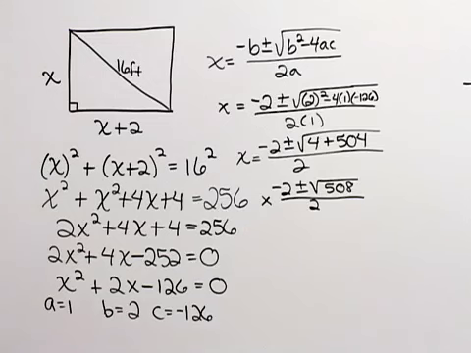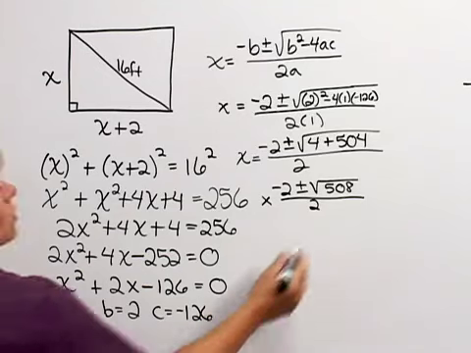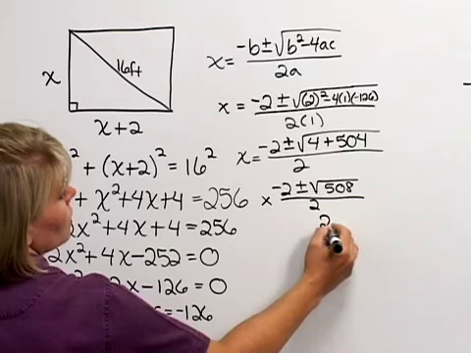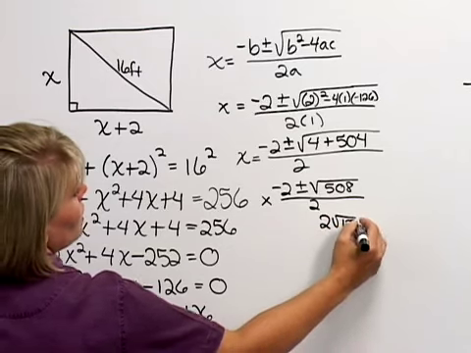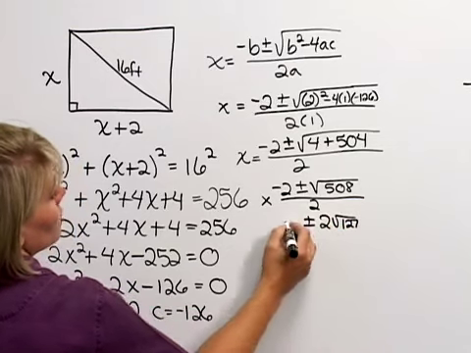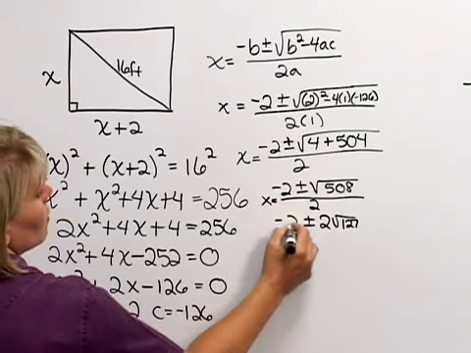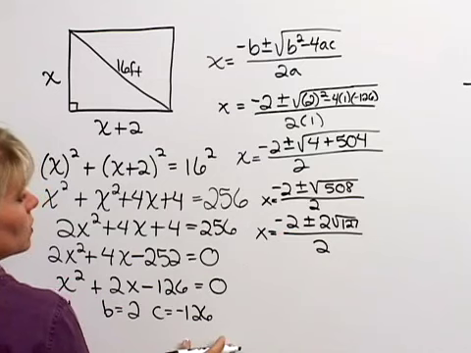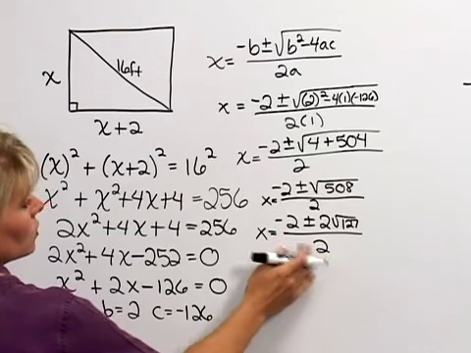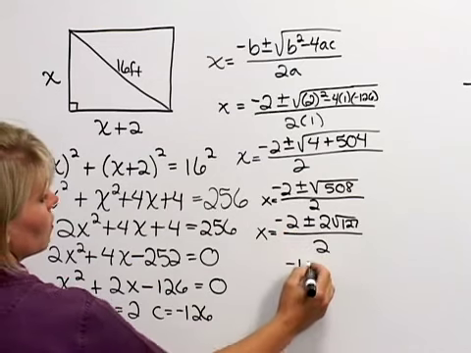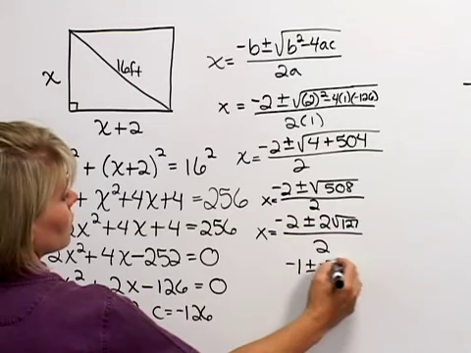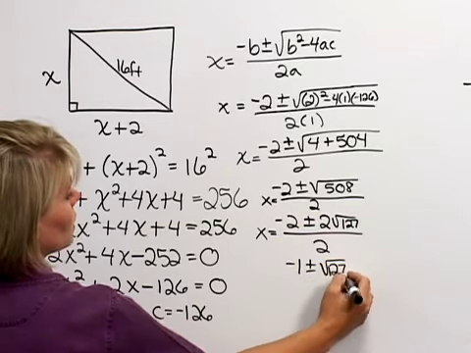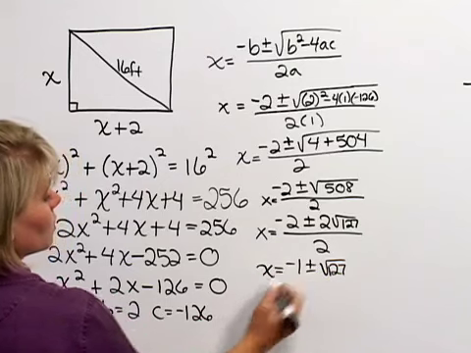Our 508 can simplify into 4 times 127. So the square root of 4 is 2, so we have 2 square root of 127, and then plus or minus negative 2 over 2. That's what x equals. And then notice 2 will go into both of these, so we have negative 1 plus or minus the square root of 127 is what x would be.